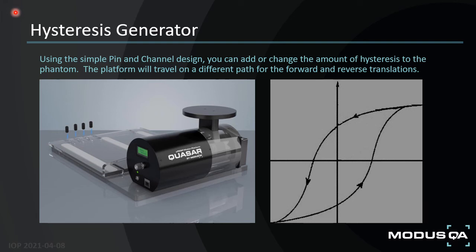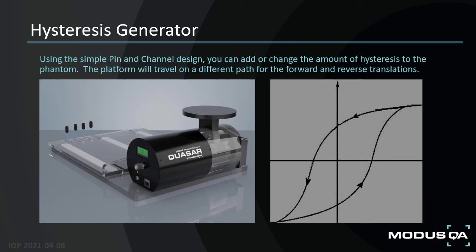It's quite easy to adjust the degree of hysteresis applied, as all you have to do is reposition one of these pins into any one of these channels right here. It will mechanically change the lateral amplitude of the motion waveform, hence providing that iconic twist with the hysteresis.